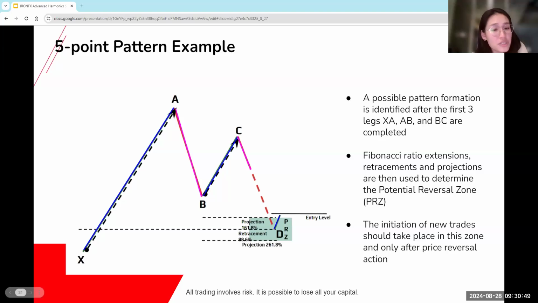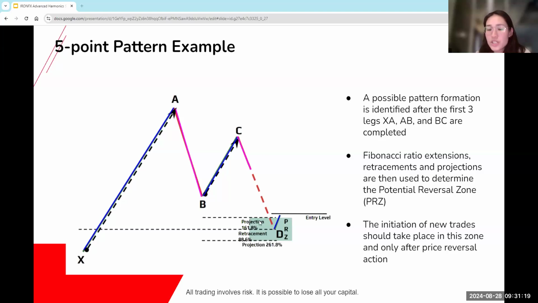A potential trade setup is recognized as the last leg CD starts to develop. Fibonacci ratio extensions, retracements, and projections are then used to determine your potential reversal zone, or your PRZ, which you can see here. If you've been with us, this is basically your Fibonacci confluence area, this could be one of your areas as well, because you're basically projecting prices to reverse off of that area.